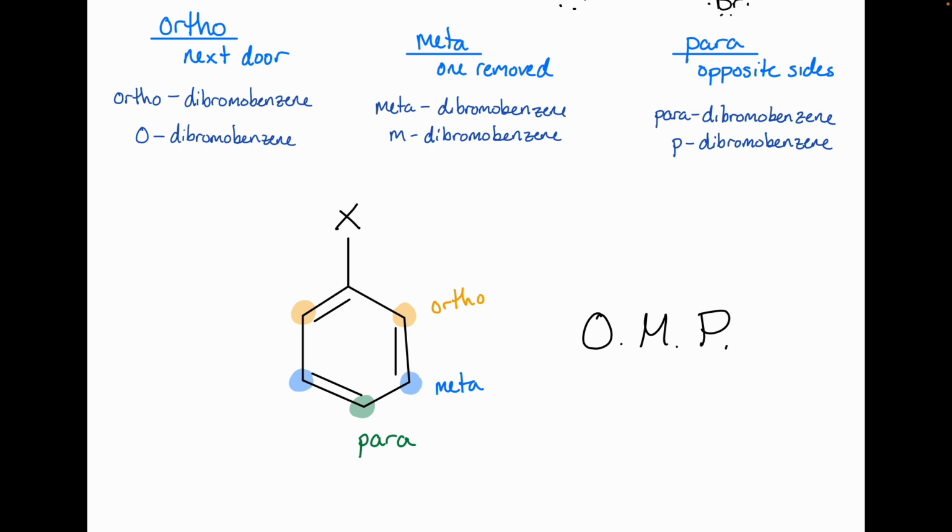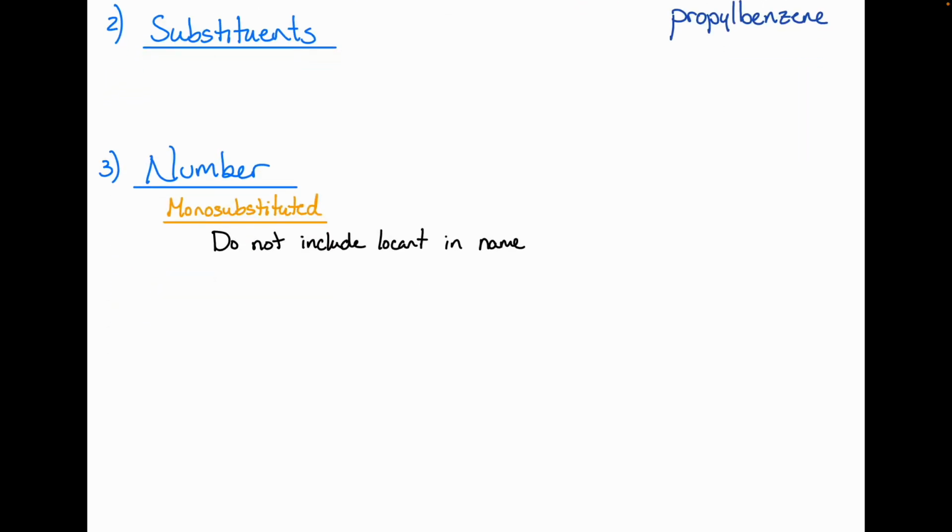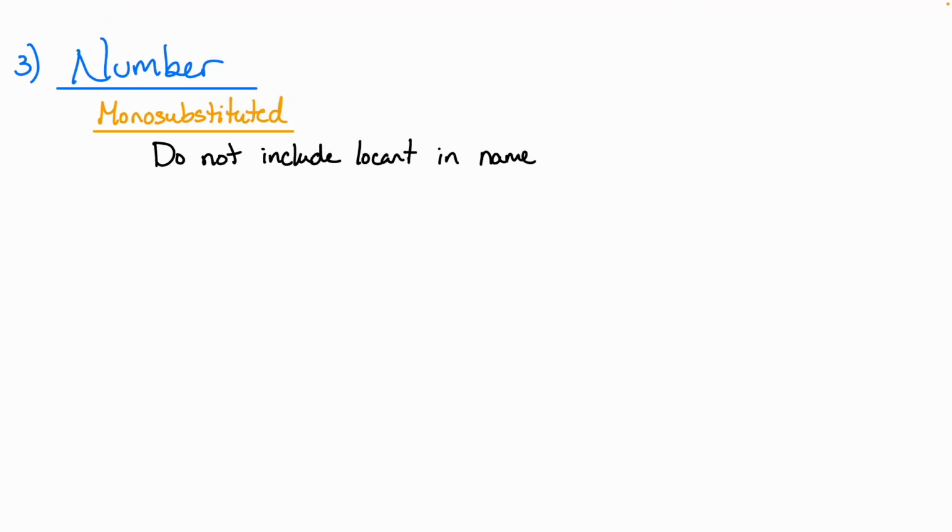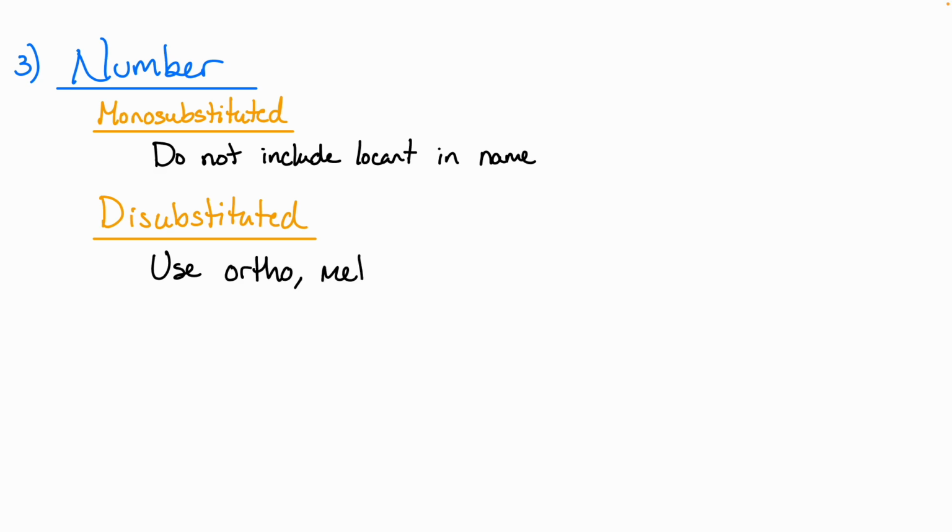All right, so we sort of had built this list of rules for our benzene nomenclature here. So now we want to just add for di-substituted, we're going to have to use that ortho, meta, or para designations.